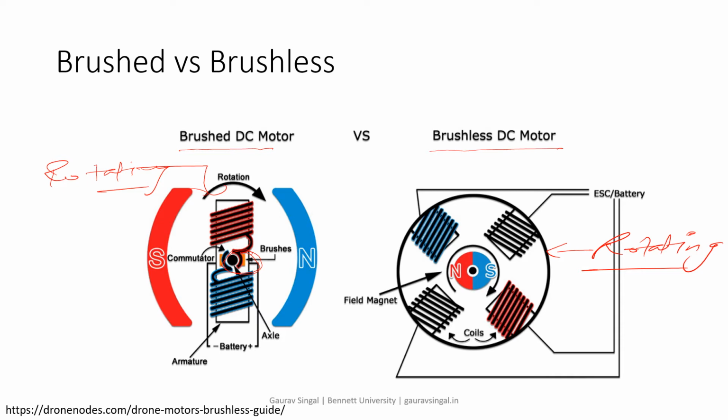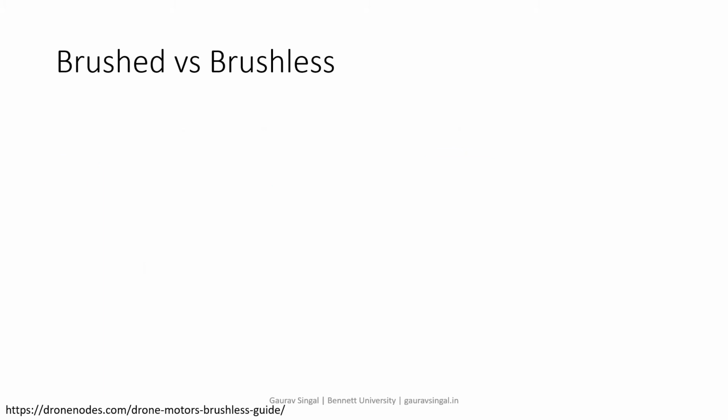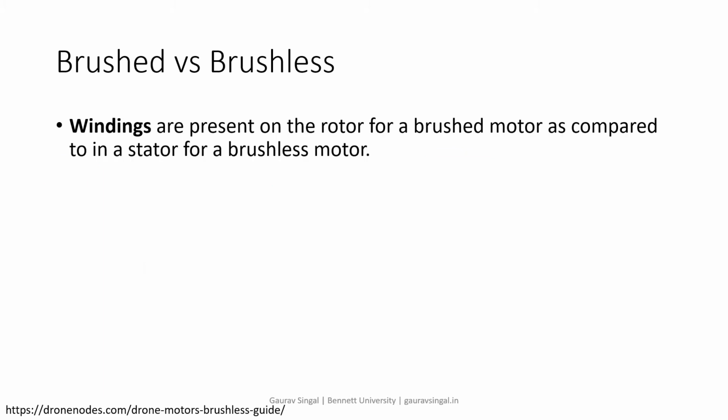I'll tell you in a clearer view in the coming slide. You can see this view is called a generated field magnet, where the field magnet is generated around the movement, and we can control this motor with the help of an ESC, and you can use a battery to give power. Okay, let me show you one more clear picture for comparison.